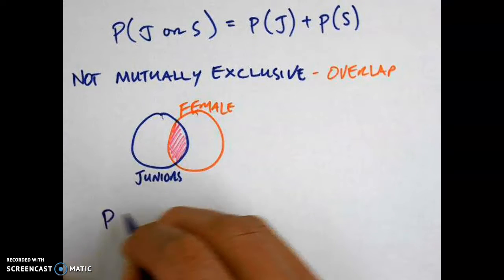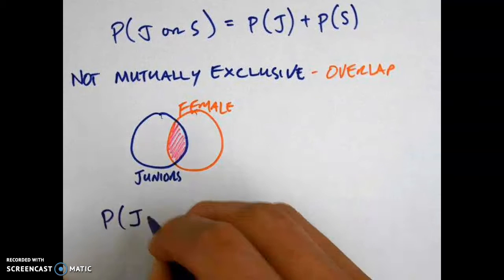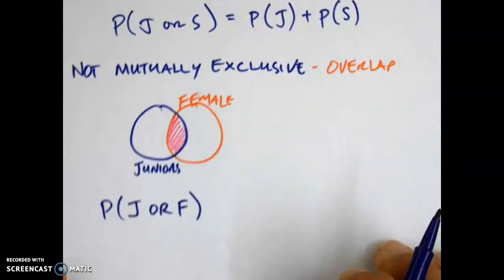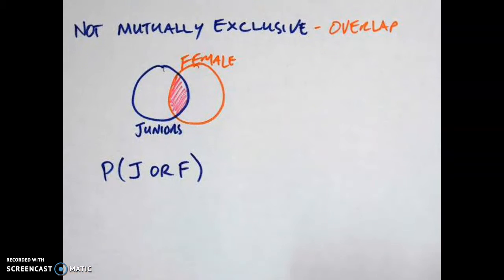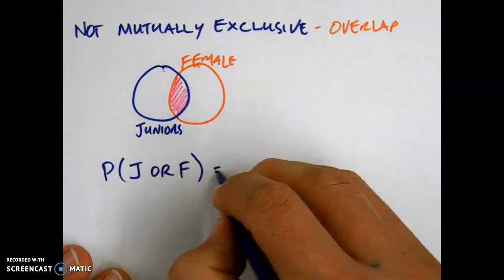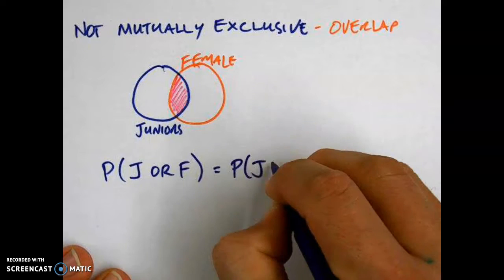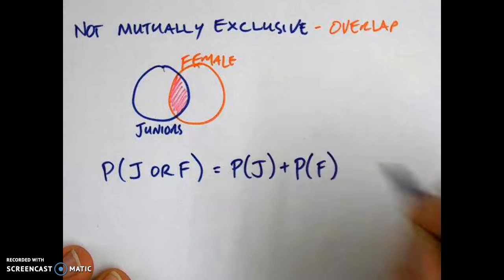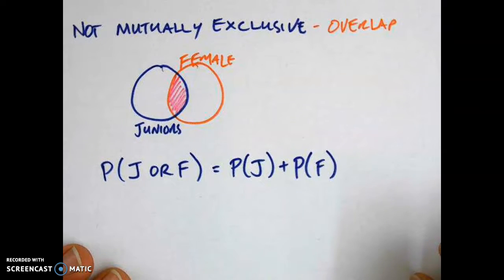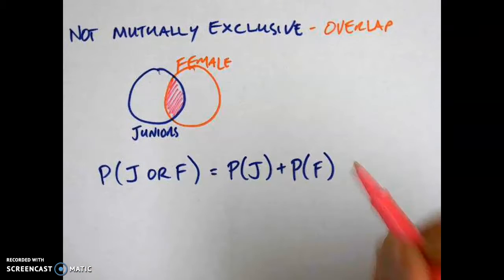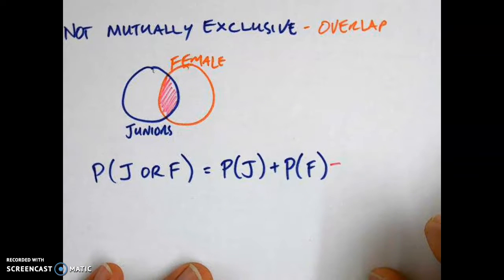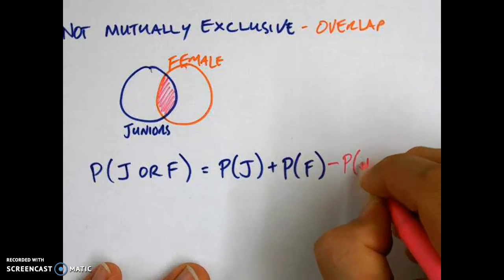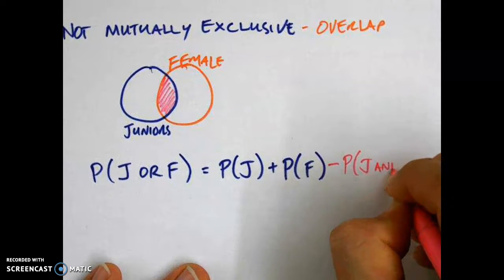So the probability of picking a junior or someone who's female is equal to the probability of picking somebody who's a junior plus the probability of picking someone who's female minus the pink area, because you counted them twice, minus the probability of picking a junior and female.